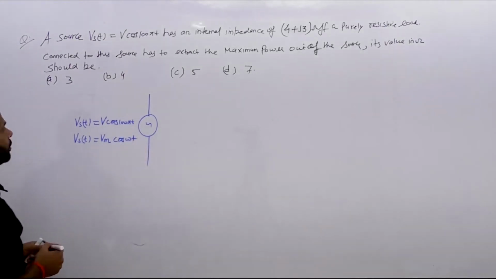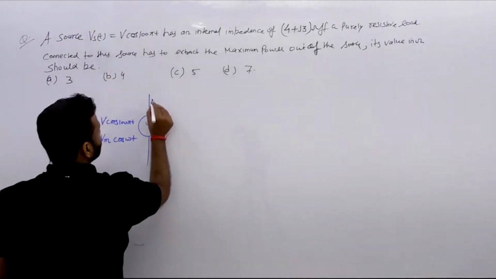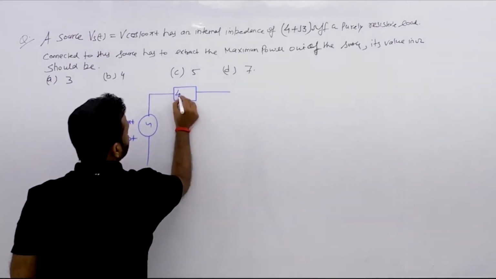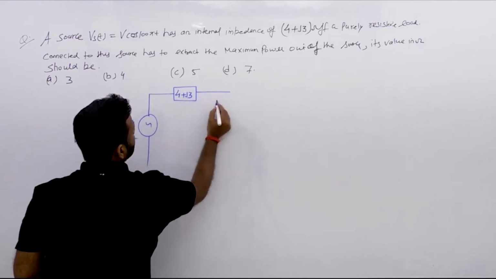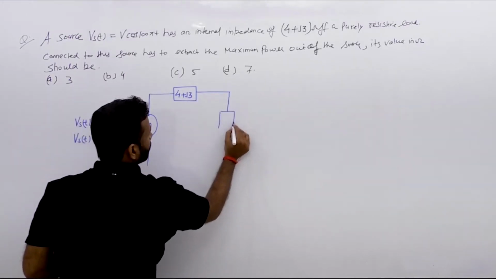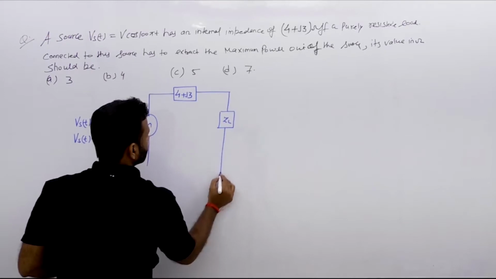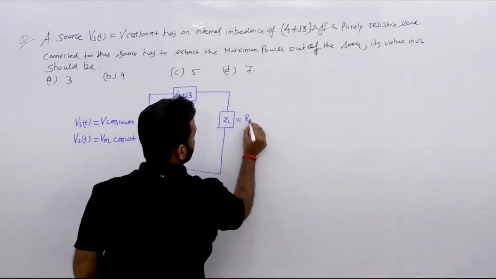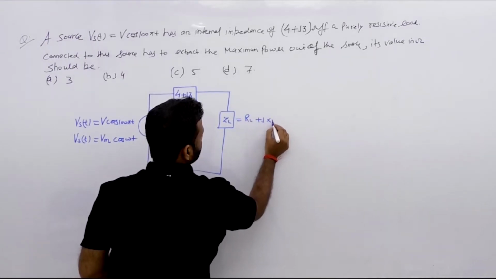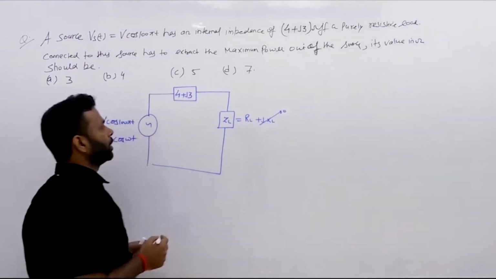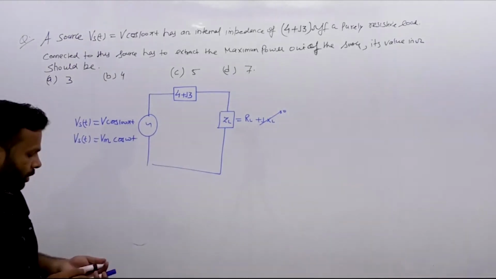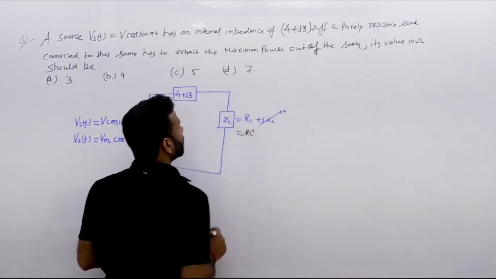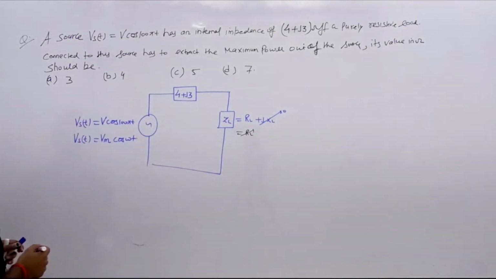Similarly, we have a source impedance of 4 plus j3, and you have to connect a load impedance, but the load impedance is completely resistive, that is RL, where jXL is 0. Agree? So you have only the resistive load, and the resistive load is variable. So I can write RL variable.